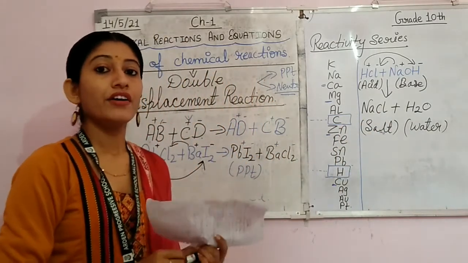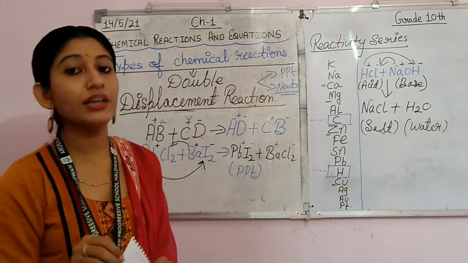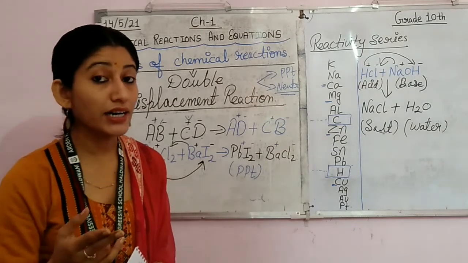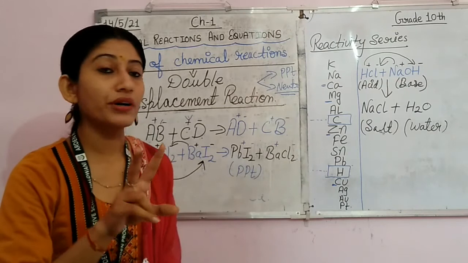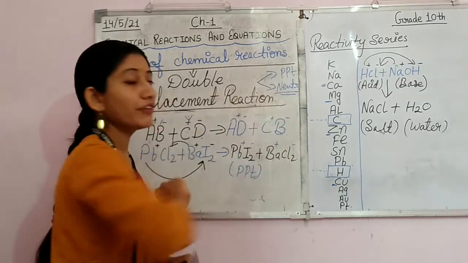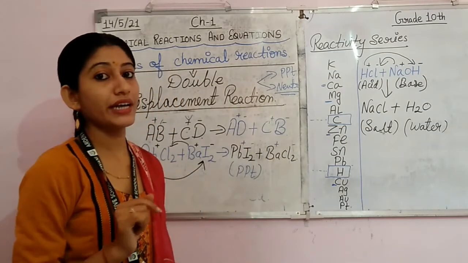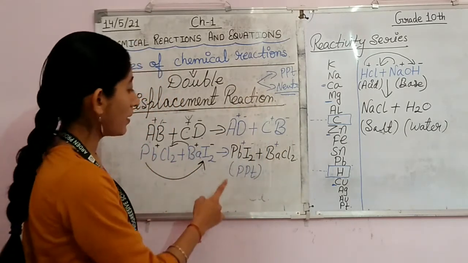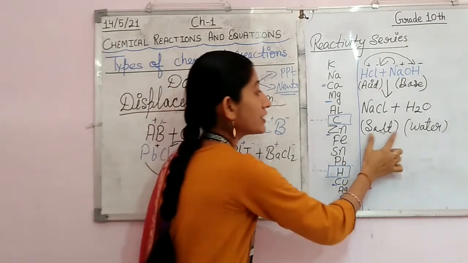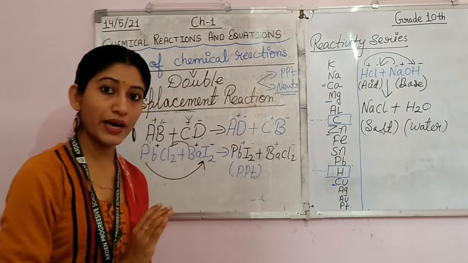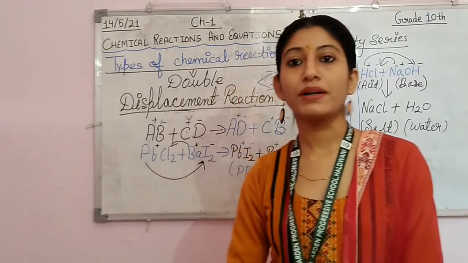So students, today we learned that when a double displacement reaction occurs, the possibility of the product is of two types. Either the product is in a PPT form or it will form a salt, meaning the neutralization reaction will take place. I have shown you one example of the PPT and one of the neutralization. So here we have also discussed the double displacement reaction.